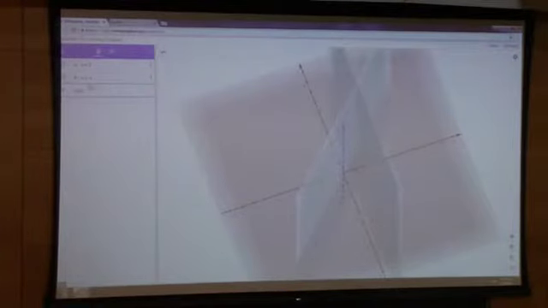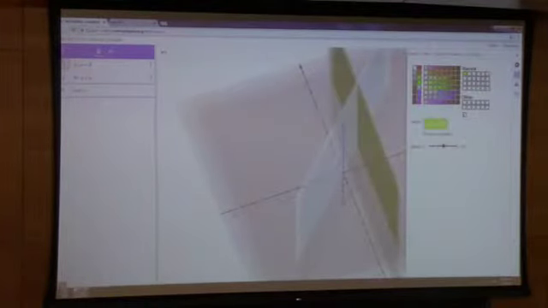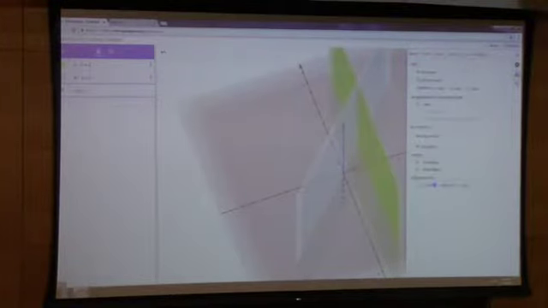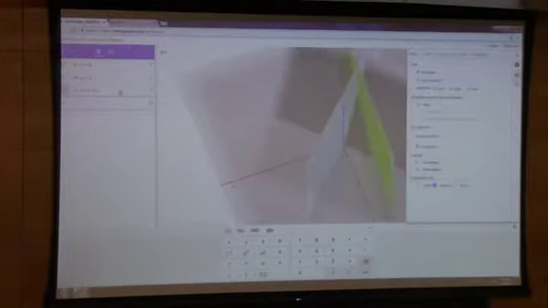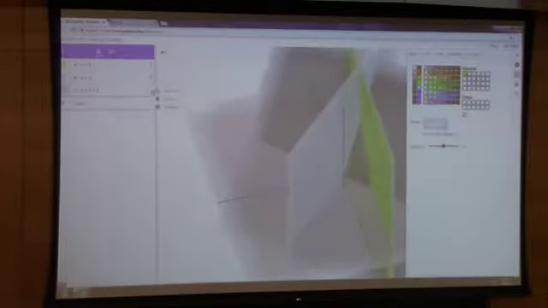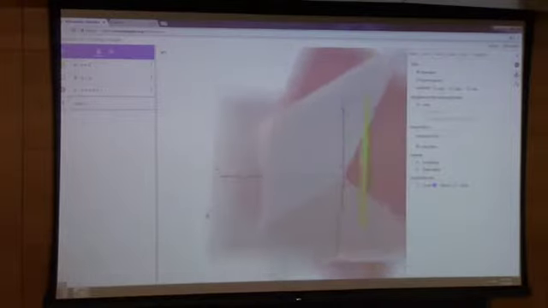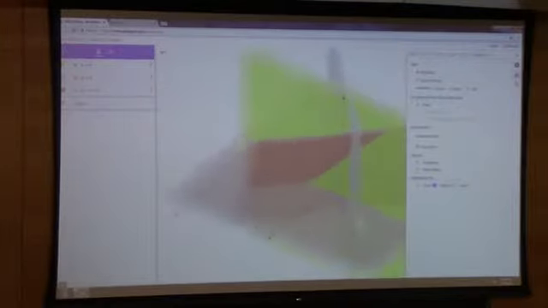One sec, I'm going to change the color of these planes. Right, so this small triangle is the base, and then our last guy is this slanting thing in there.